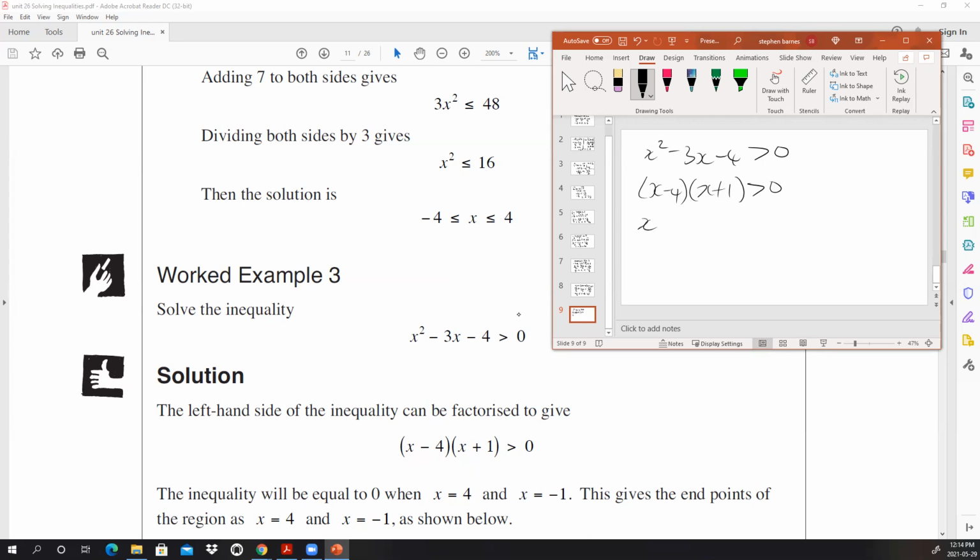So you know you're working with the endpoints: x equals 4 and x equals minus 1. So these are the points that you're working with.